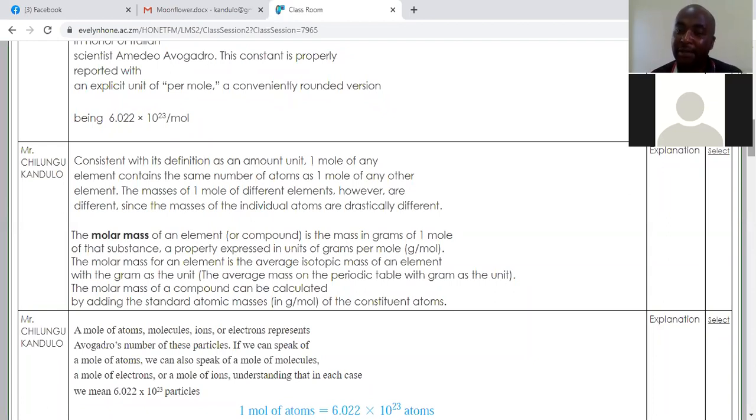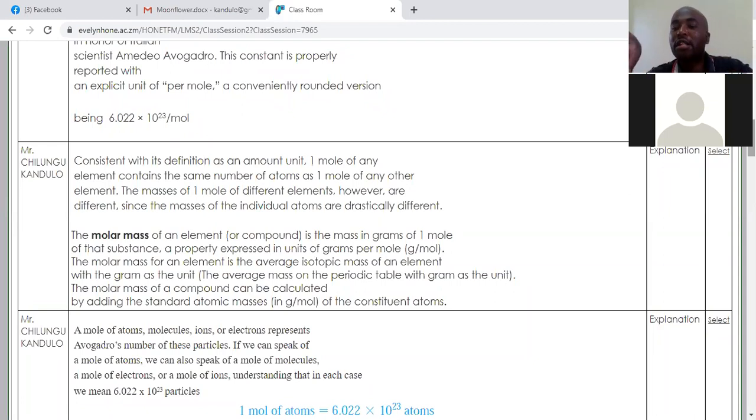What we mean is, if you have 1 mole of copper and 1 mole of sodium, those will have the same number of atoms. So 1 mole of copper, 1 mole of silver, 1 mole of gold, 1 mole of iron, those will have the same number of atoms.